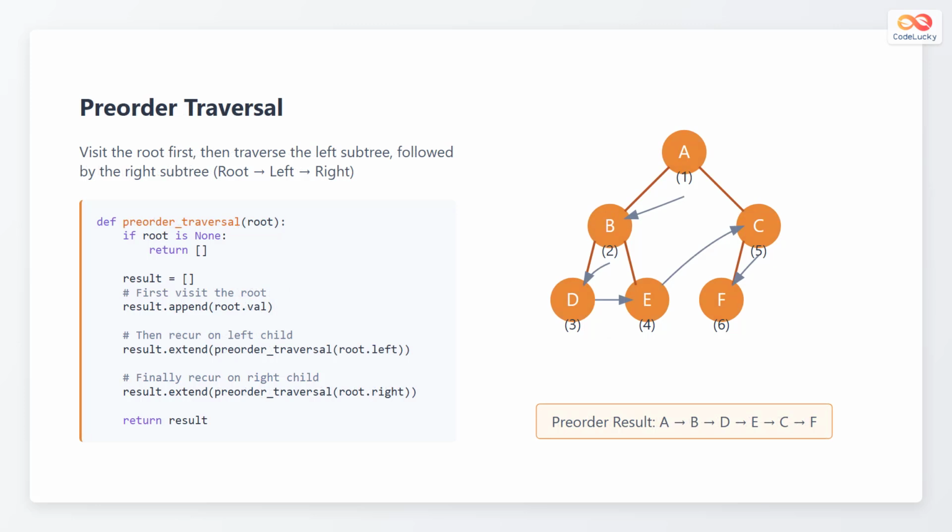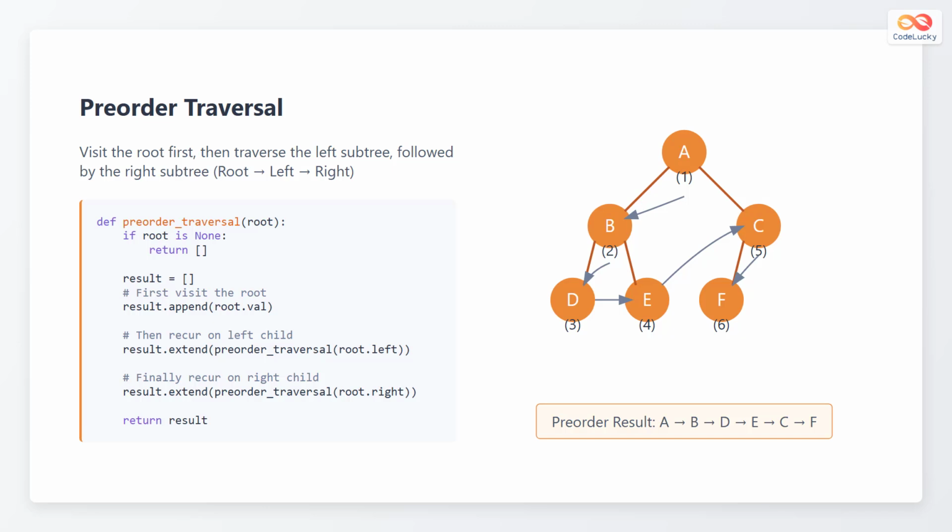Now let's explore preorder traversal. In this method, we visit the root first, then traverse the left subtree followed by the right subtree. This order is root, left, right. The code snippet offers a clear implementation of preorder traversal using recursion. We start by checking if the root is null. If it is, we return an empty list.